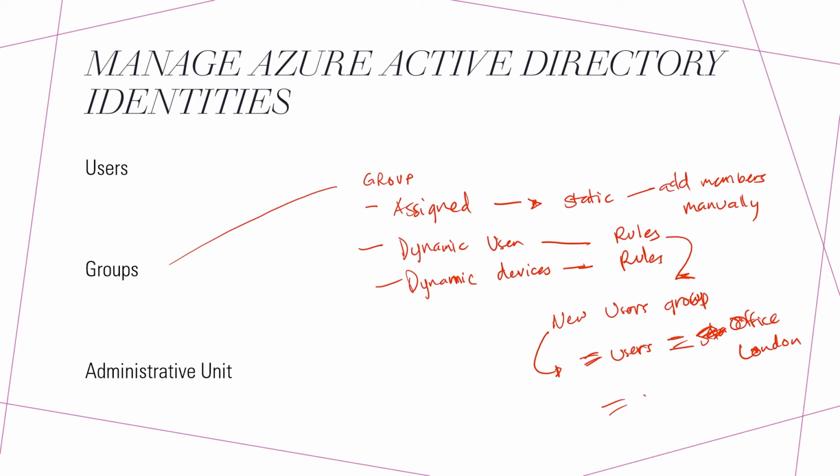When you have a user and the user is not equal to London, it won't be added to this group. If it's equal to London, it will be added to this group. We will show you more of that in the demo, so yeah, please stay tuned.